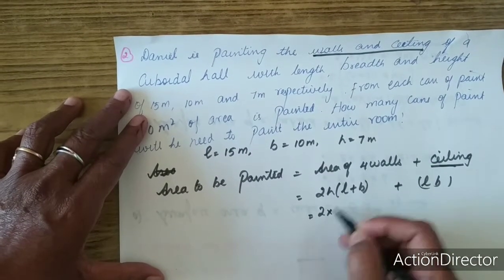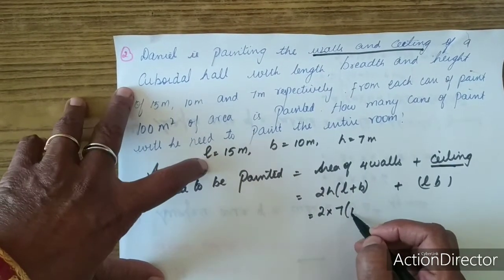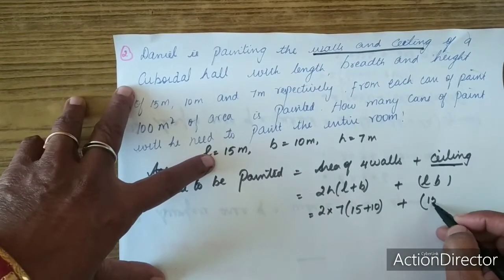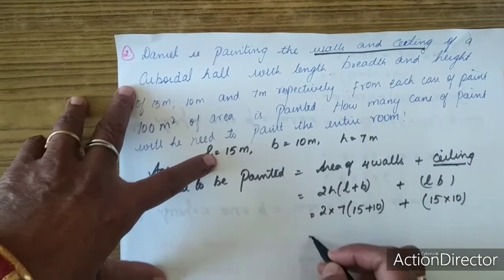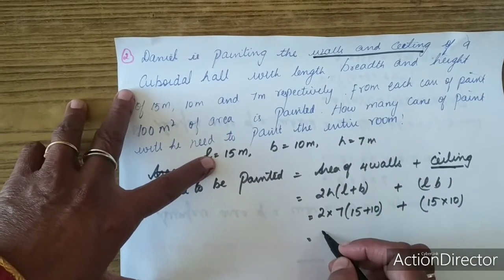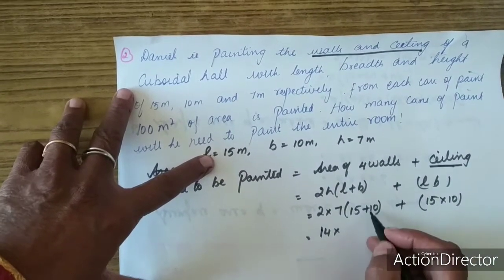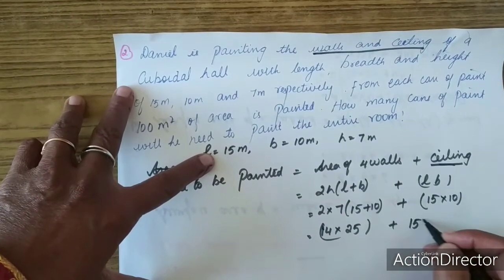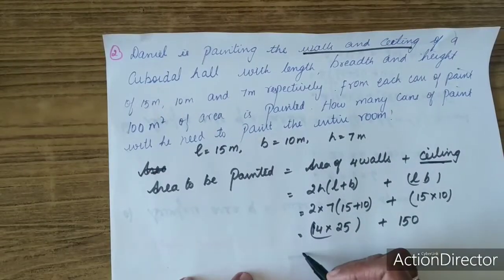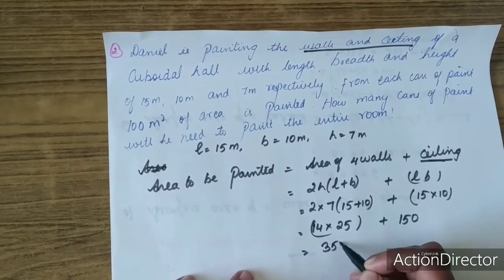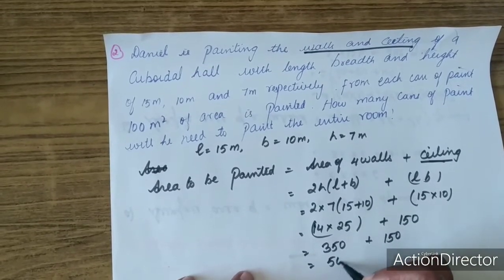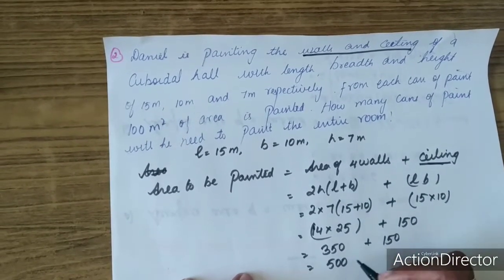So 2 into height 7 and length 15 plus 10, plus length into breadth 15 into 10. So this is equal to 14 into 25 plus 150. This is equal to 350 plus 150 equal to 500 meters square.